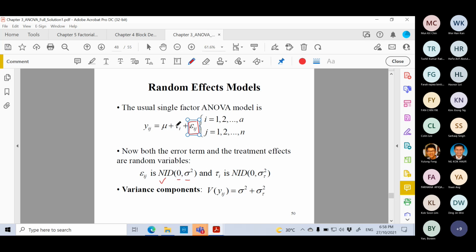One comes from here, another one comes from here. Of course, the overall mean is a constant. So I can write it out here: the variance of both of them consists of the variance for the error and the variance for the tau. So in the random effect model, the variance here is very important.